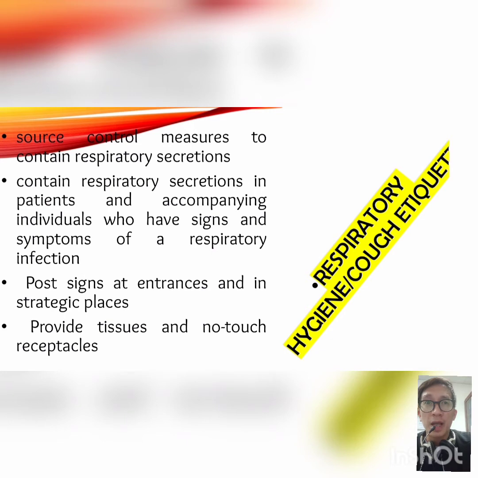It is an important source control measure to contain respiratory secretions, to prevent droplet and fomite transmission of respiratory pathogens, especially during seasonal outbreaks of viral respiratory tract infections like influenza, RSV, adenovirus, and parainfluenza, especially in the healthcare setting, and also for prevention of COVID-19 transmission.